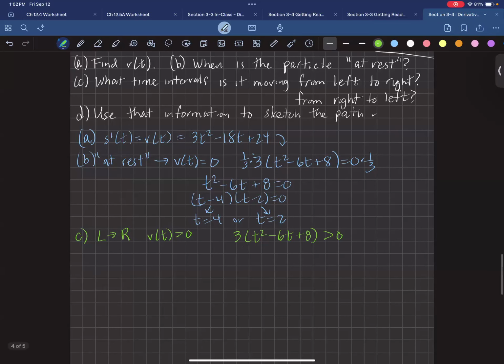And we already showed we could divide it by 3. 0 divided by 3 doesn't change anything. And I can factor.